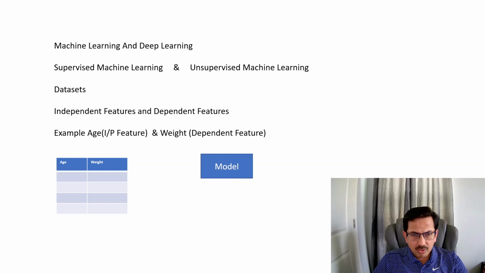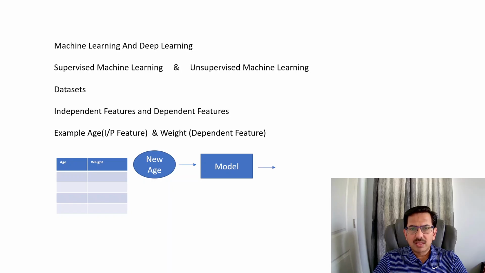So we'll build a model and put the new age into that model, and from that we'll get the new weight. This is called supervised machine learning because you know the dependent features. In this case, your model will train with that training data, whatever data is available, and then your model will predict on unseen data. That's the high level of supervised machine learning.